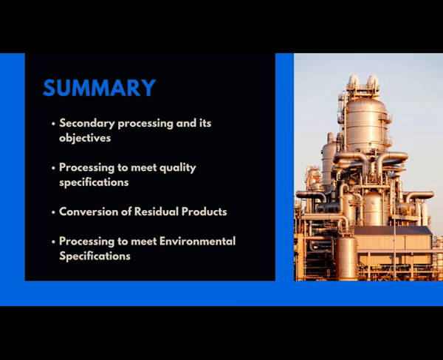Then conversion of residual products into valuable products, which happens through multiple techniques known as thermal cracking, fluid catalytic cracking, or hydrocracking. Then finally, processing to meet environmental specifications. It can be removal of sulfur compounds or improvement of color or the stability index. So, that is what we have learned.